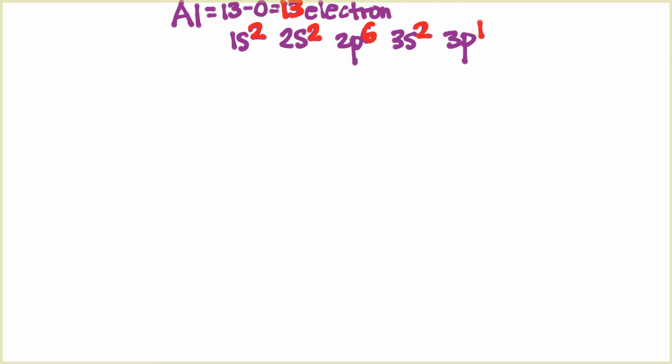Again, we learned earlier, guys, that the big numbers in front tell you the energy level. So look, we can say that 1s2 right there is in the first energy level.